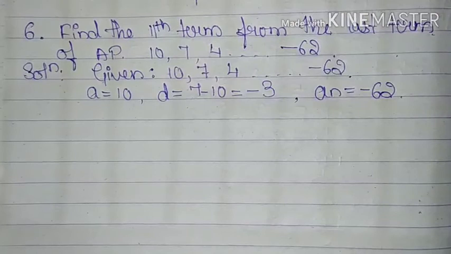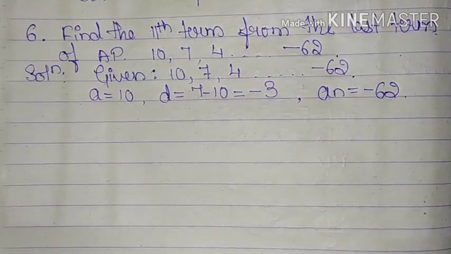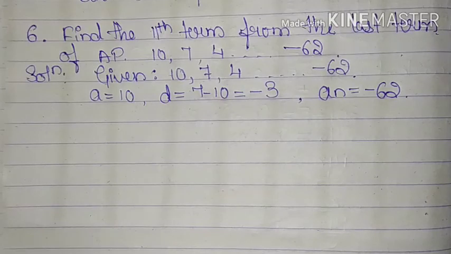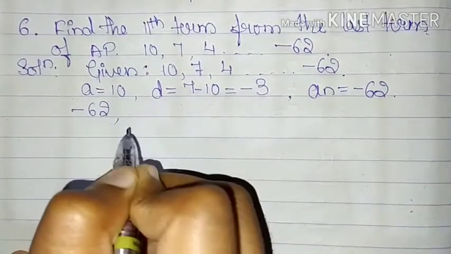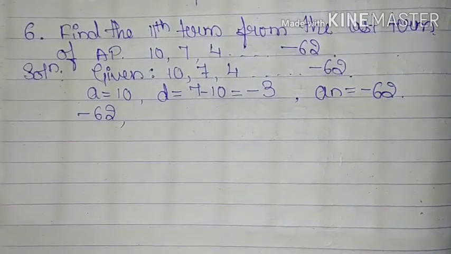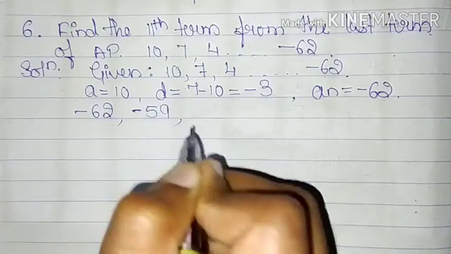Okay, so now if I were to write this AP in reverse order, how will it look? Minus 62 and the next term will be minus 59, right?